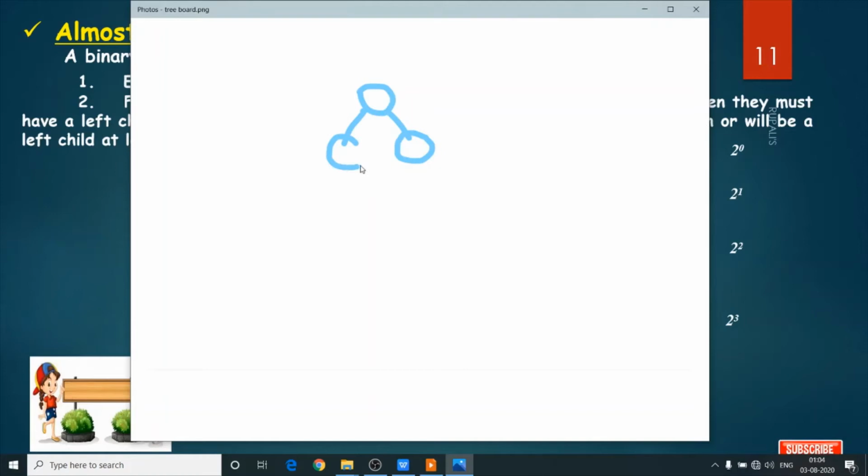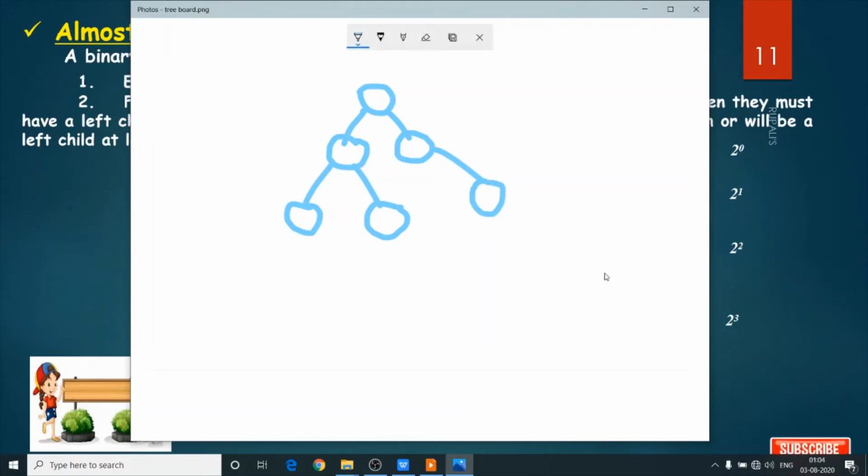Now this is an almost complete binary tree. Now tell me, is this one an almost complete binary tree? No. Is this one? Now see this figure. Yes. Now, is this one an almost complete binary tree? No. Is this one? Yes.